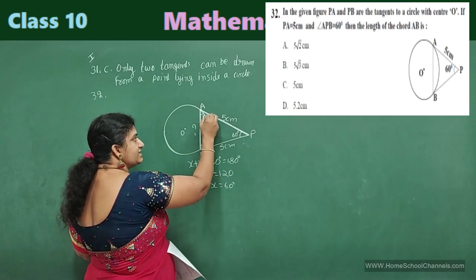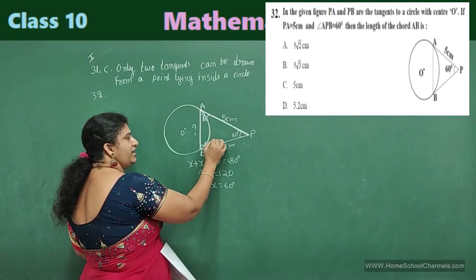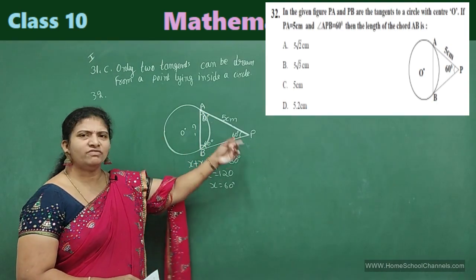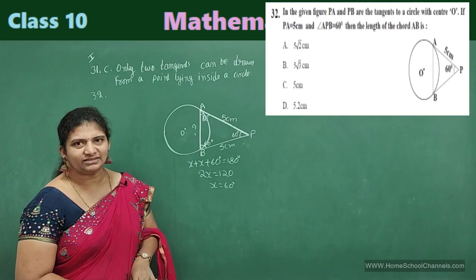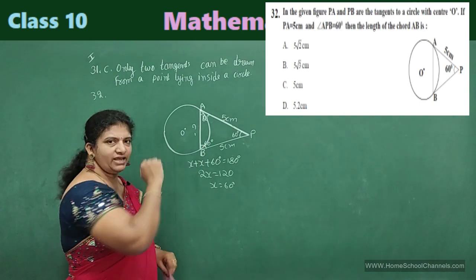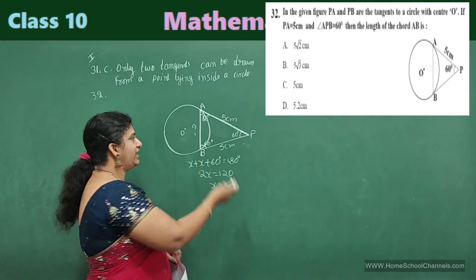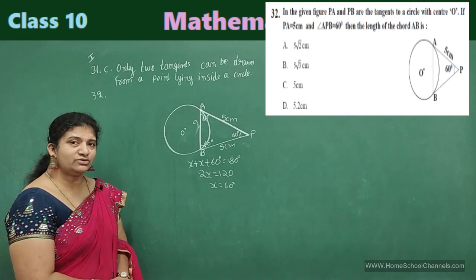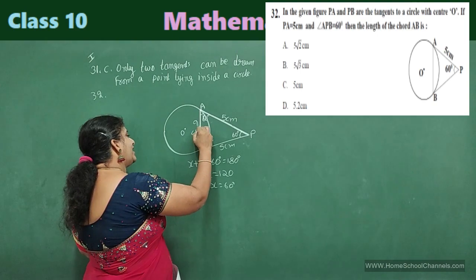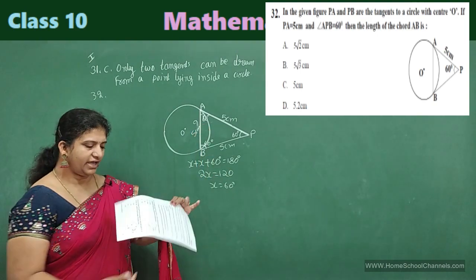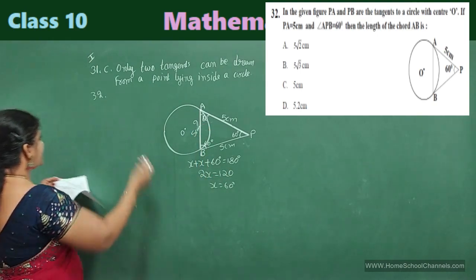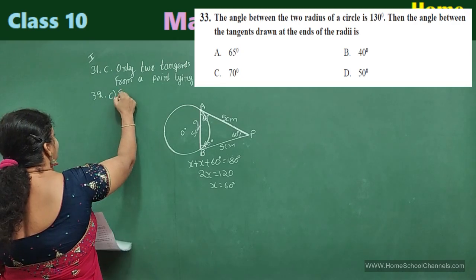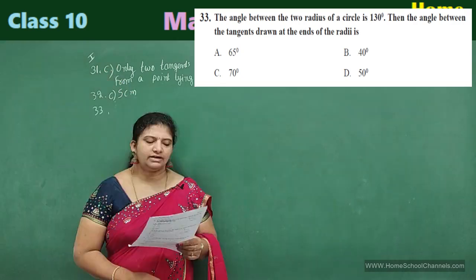That means this is 60 and this will be 60. Which type of a triangle it is? Equiangular triangle. If all angles are equal, then all sides will be equal. Therefore, the length of the chord is also equal to the other two sides. That means 5 centimeters. Check the option here. Option C, 5 centimeters.